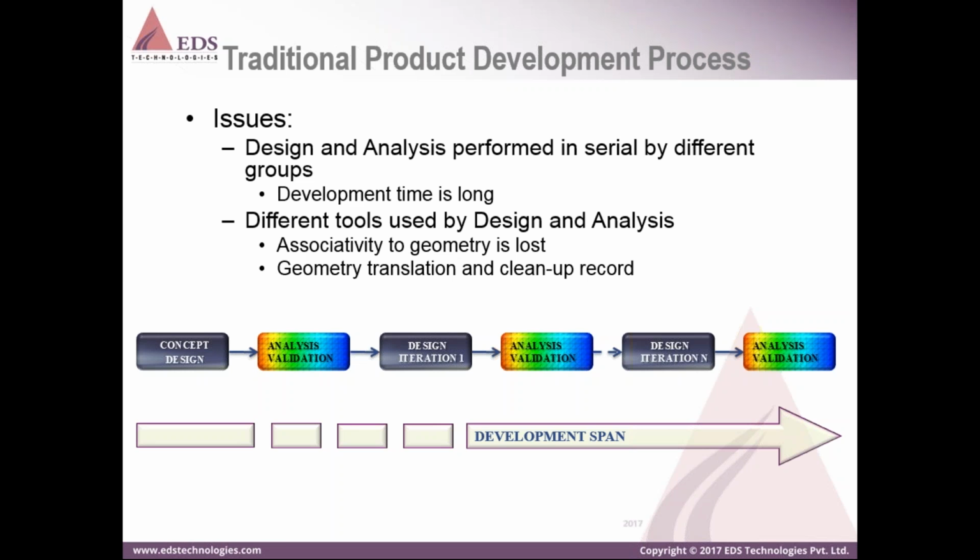Then after analysis, there might be some modification, so iterations need to be done. Design iteration 1, and once again this needs to be tested, analysis validation. So n times this design iteration may be there, and finally we get the solution. So it increases the time. There is no link between the geometry and the analysis. Associativity with the geometry is lost.